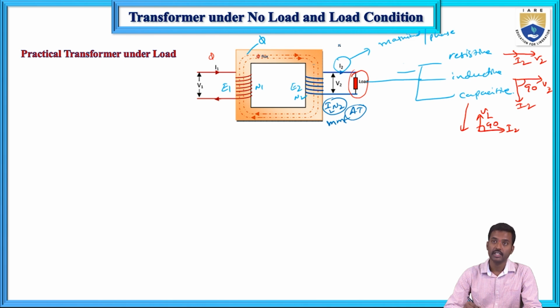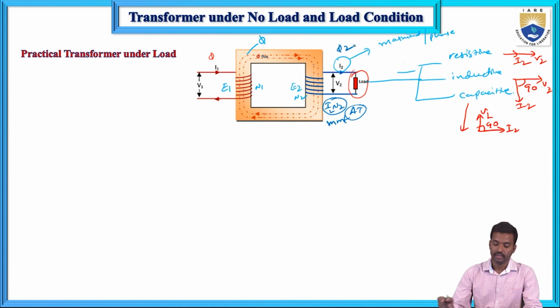Phi 2 current sets up the flux. Because of this load, when you connect the load, current flows in the secondary, and the secondary current sets up the flux. Because of this flux, MMF exists in the secondary winding, and there is a flux, phi 2.